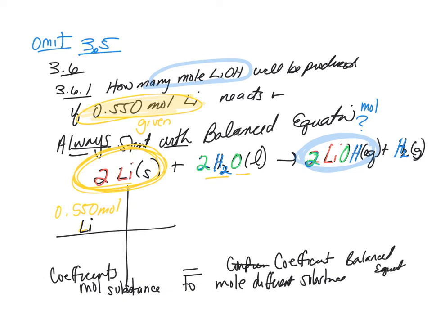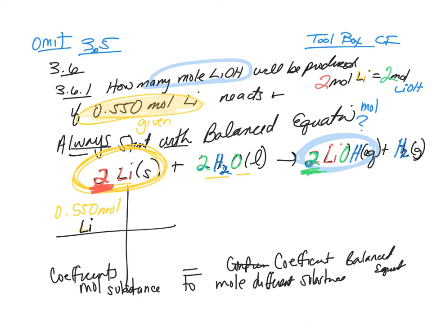So our toolbox, those are the conversion factors we need to solve the problem, is mole of where we're at, lithium, equals mole of lithium hydroxide. Now, we use the coefficients. So here we have a 2, so 2 mole of lithium give us 2 mole of lithium hydroxide.